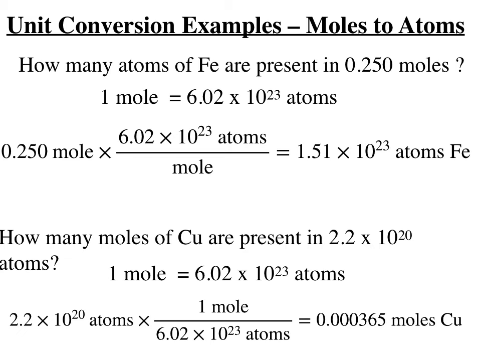If I have 2.2 times 10 to the 20 molecules of ammonia, I would have the same number of moles, 0.000365 moles of ammonia, just like I have for these numbers of atoms present.